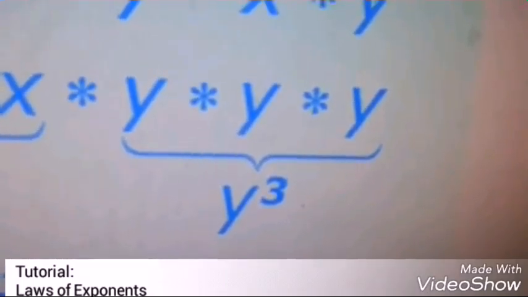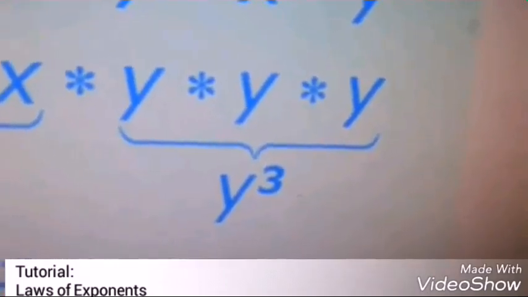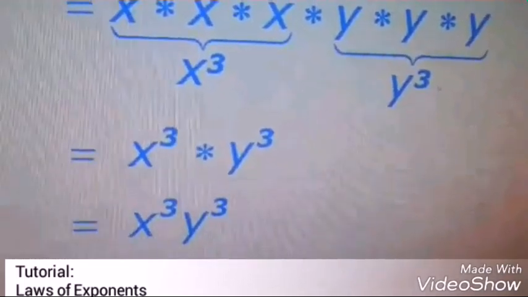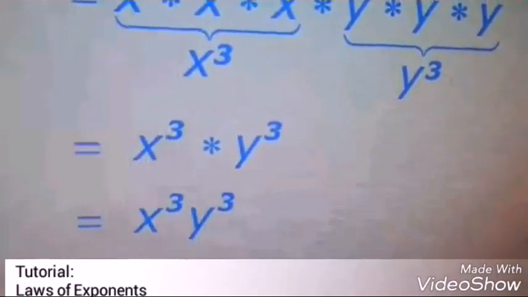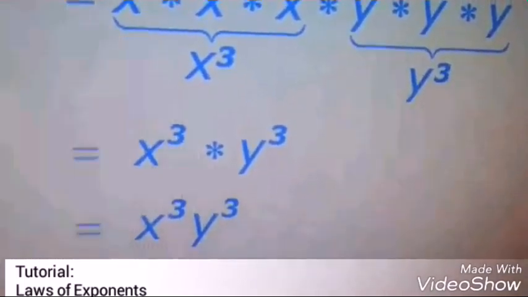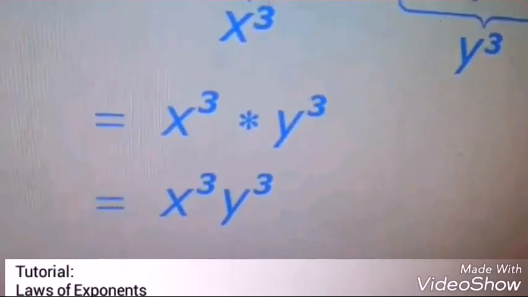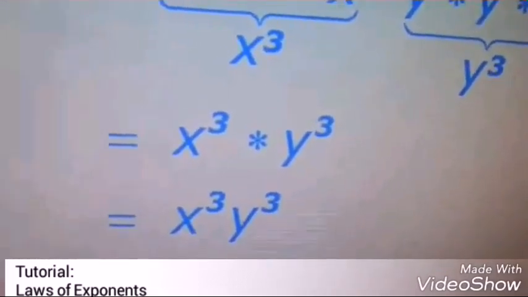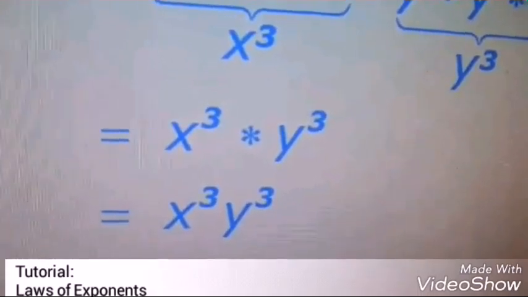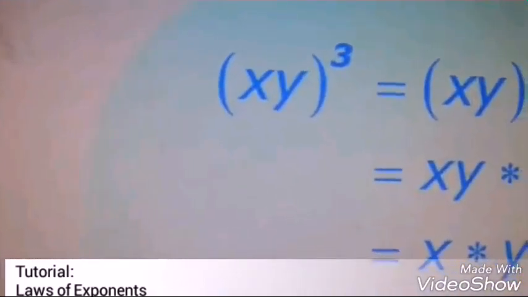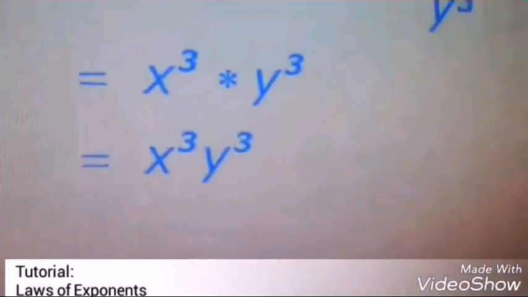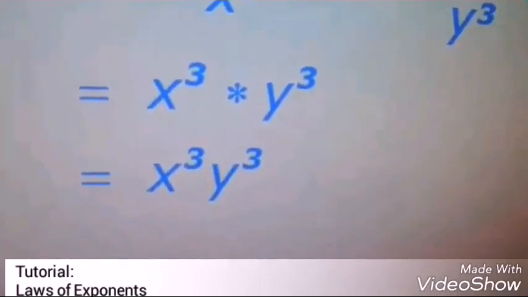And then y times y times y is equal to y cubed. So the answer will be x cubed times y cubed. But it is the same in x cubed, y cubed. The answer is, xy cubed is x cubed, y cubed.